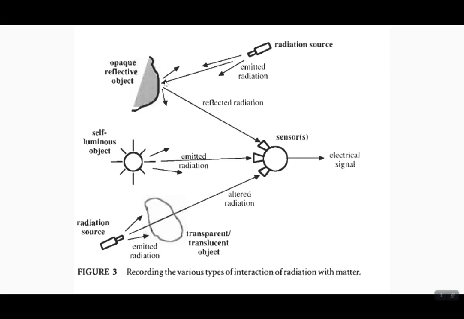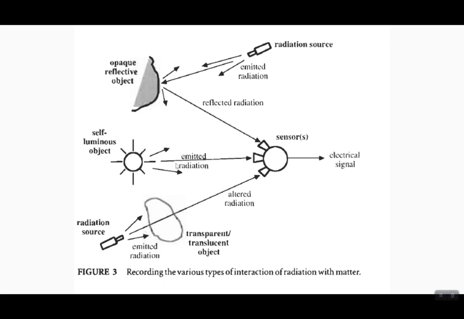Whatever radiation strikes this object, it reflects into all different directions. As you can see, there are arrows, but one of the reflections can come to a place where our sensor is. This can be a camera or any other type of sensor. So this radiation is coming into this particular sensor-containing device.